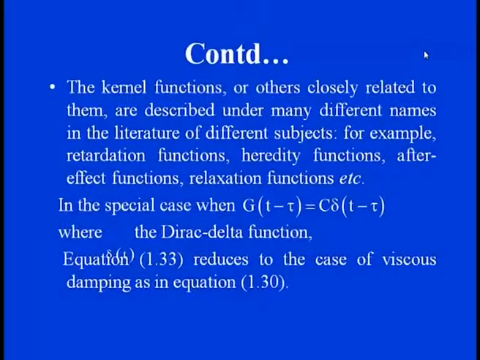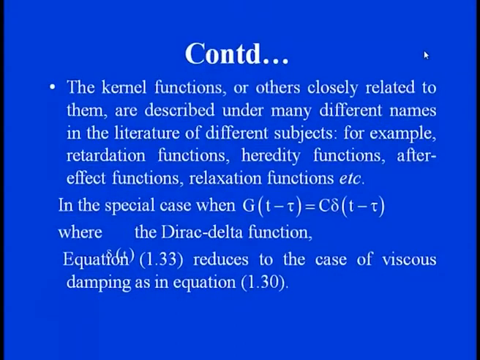The kernel function or other closely related functions can be described with various names, such as retardation functions, heredity functions, relaxation functions, effect functions, after-effect functions, and various other things close to the real feasibility of the system.